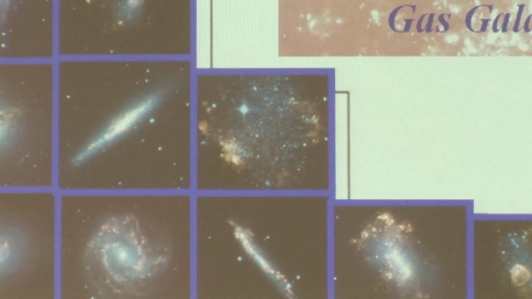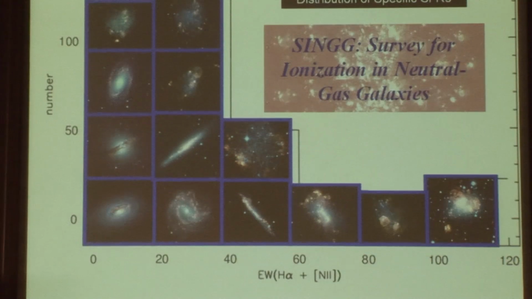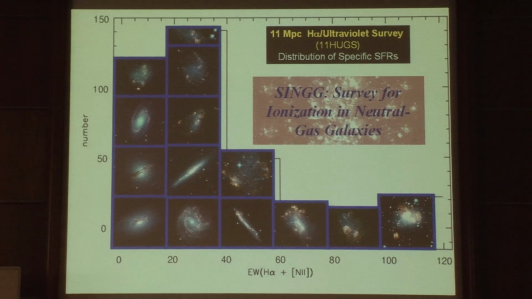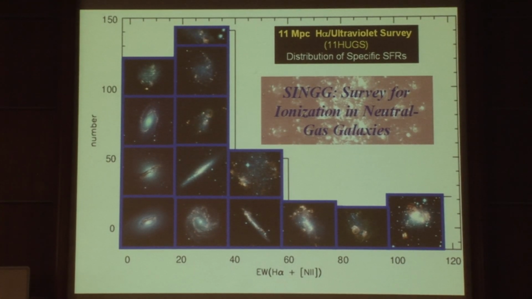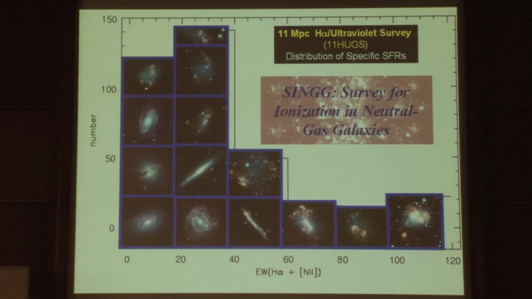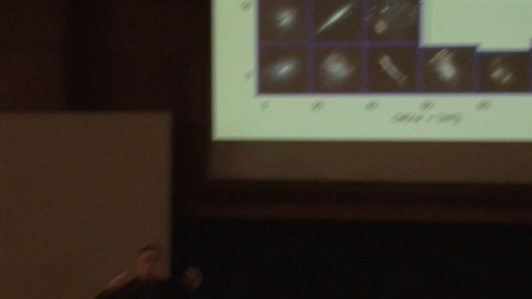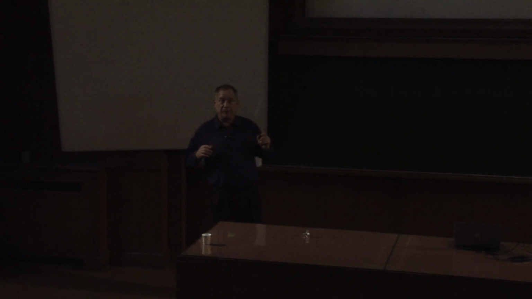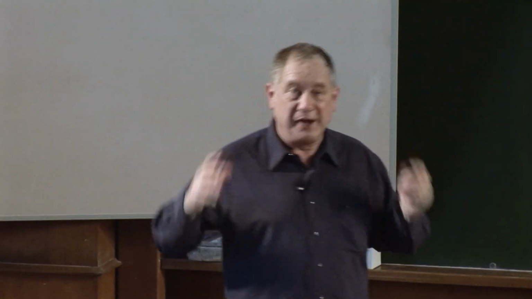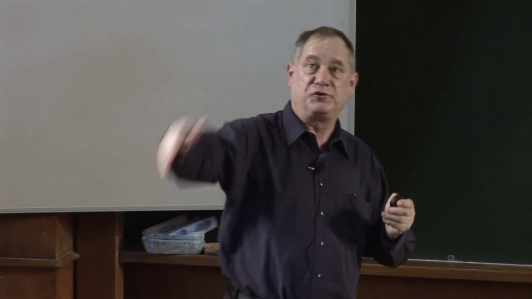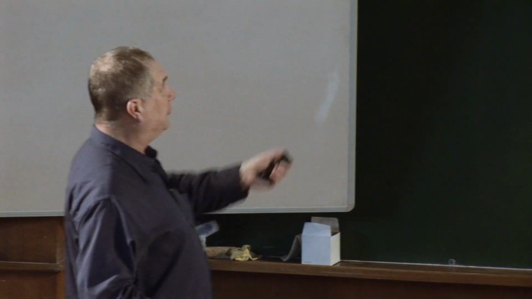This was an effort to obtain H-alpha and then eventually ultraviolet and Spitzer imaging for a volume-limited sample of galaxies within 11 megaparsecs, so that we could have true volume-weighted statistics on star formation. When you observe every galaxy in a volume, of course, you mainly observe low-mass galaxies, dwarfs, just because of the shape of the luminosity function.